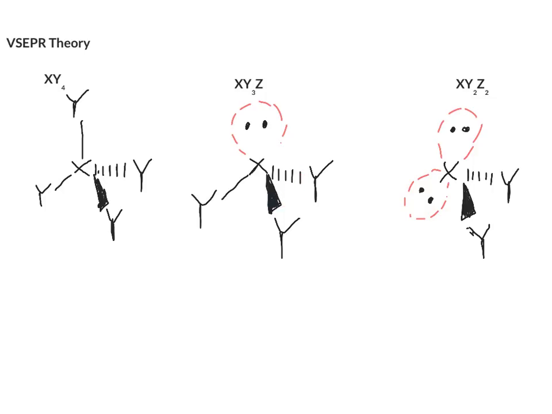More repulsion causes this angle to be less than 109 degrees. So a lone pair causes more repulsion and will cause that bond angle to be sharper than the idealized 109 degrees in a tetrahedron with no lone pairs.